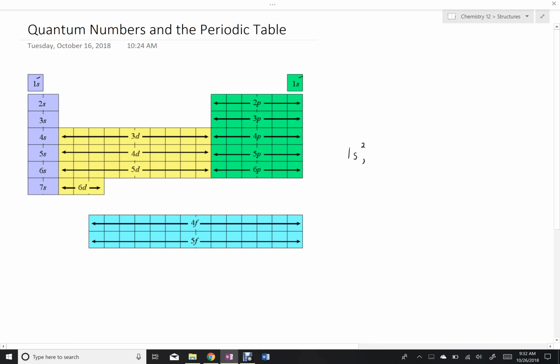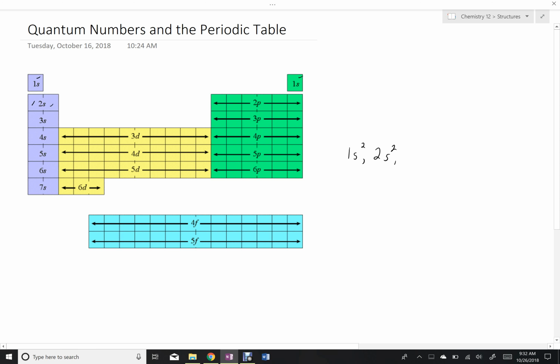The next shell we would fill is the 2s shell, slightly bigger, still no rotation, so the lowest energy except for the first one. And what we can see here is we have lithium and beryllium filling those 2s shells. So here our periodic table is structured such that it's showing us the electrons filling in the right way.